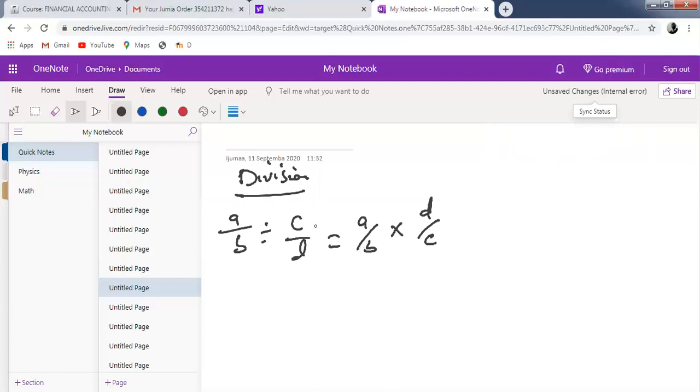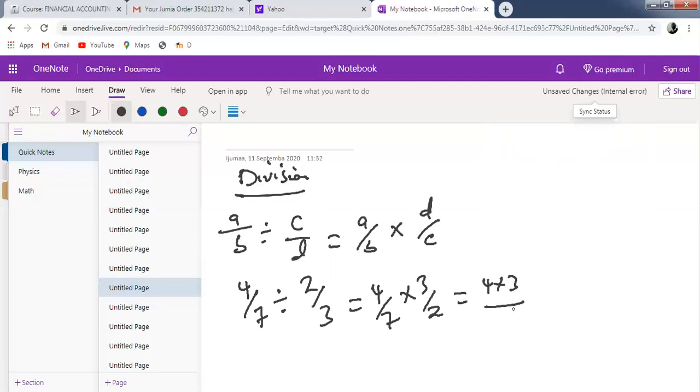So instead of C over D, it becomes D over C, but we change the sign of division to multiplication. So if you have 4 over 7 divided by 2 over 3, this can be 4 over 7 times 3 over 2, which is equal to 4 times 3 over 7 times 2, which is 12 over 14, the same as 6 over 7. So you can be able to do that.